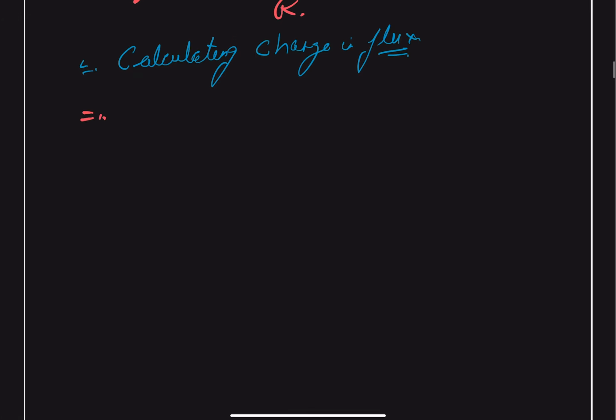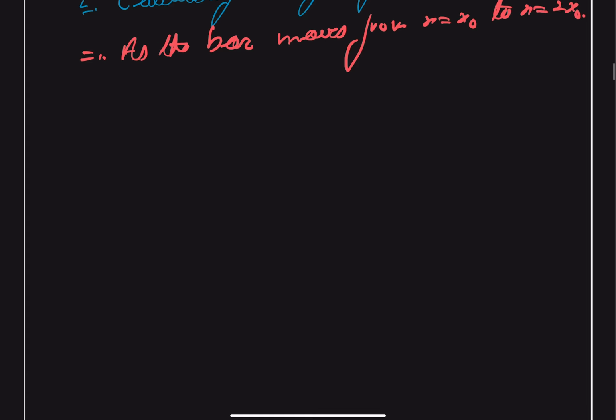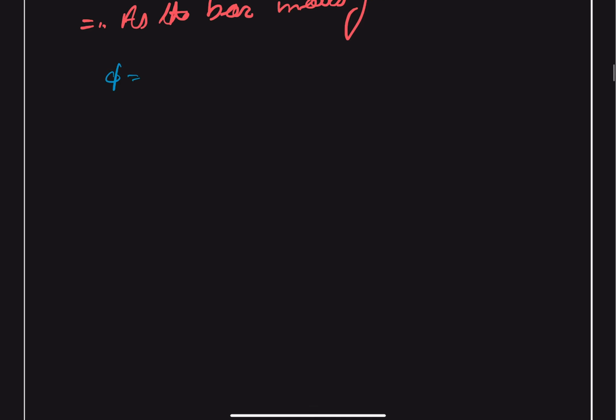So given that the bar moves from x equal to x naught to x equal to twice x naught, therefore flux phi will be equal to the integral from x naught to 2x naught of the magnetic field, dependent on x, multiplied by L dx.